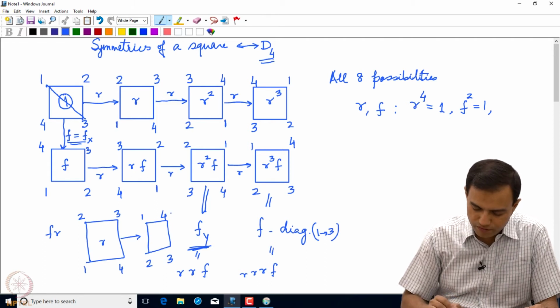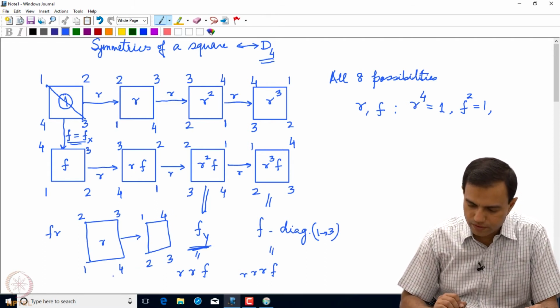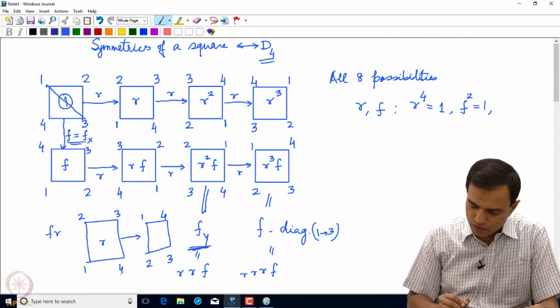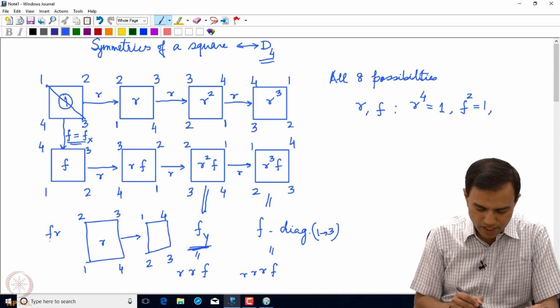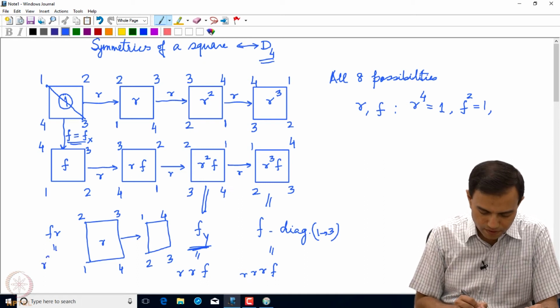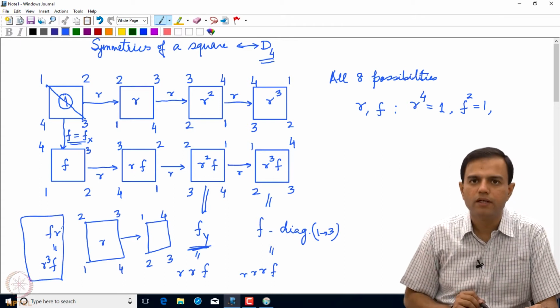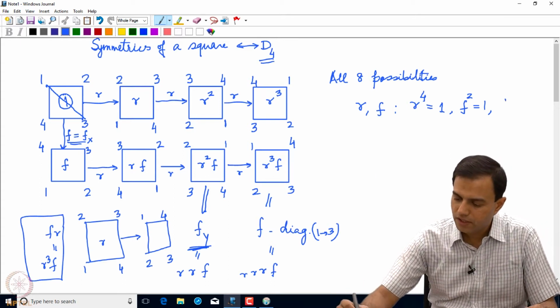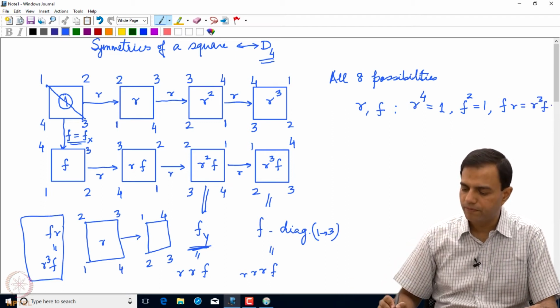So where is 1, 4, 3, 2? So it's 1, 4, 3, 2. So fr is actually this one. Fr is actually equal to r cube f. So these are relations. So fr is the same as r cube f.